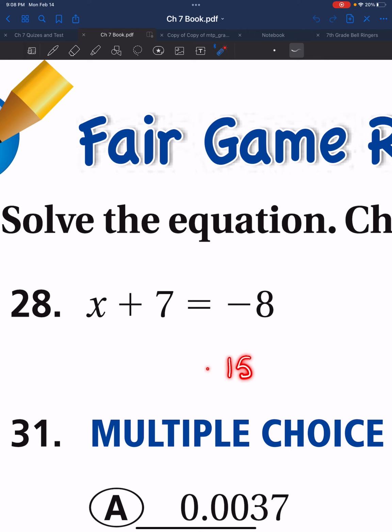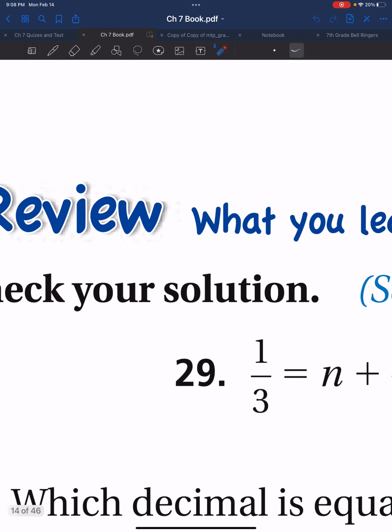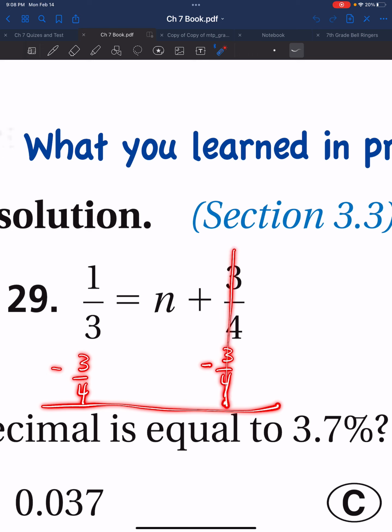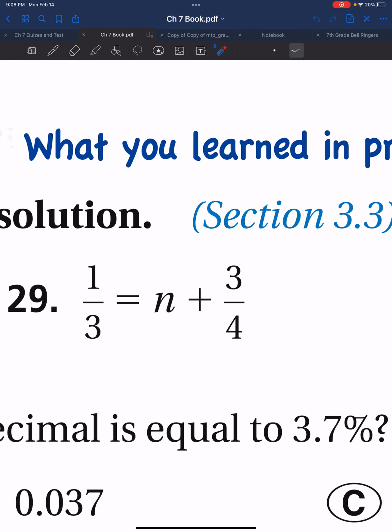They were both negative, so our answer is negative 15. Over here, I got to get n by itself. To do that, I've got to subtract 3/4 from both sides. Uh-oh, I can't subtract fractions if they don't have common denominators. So change them to common denominators and then do your subtraction.